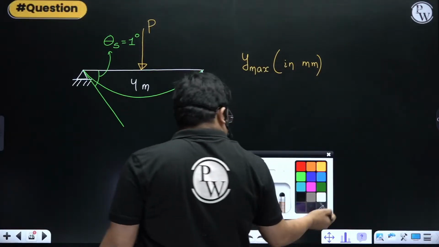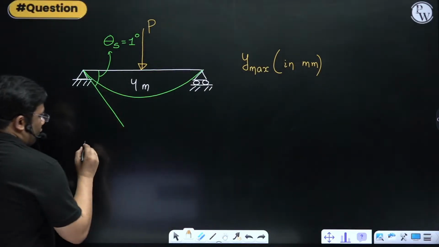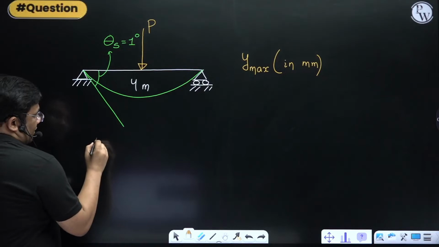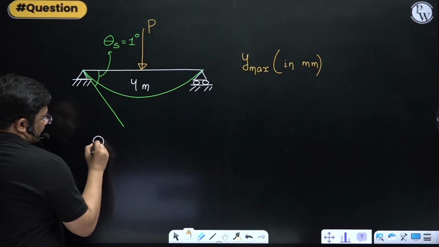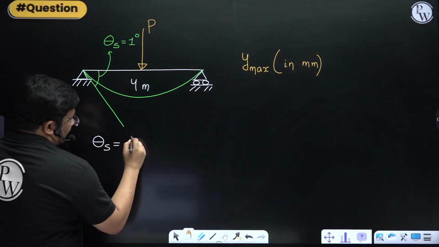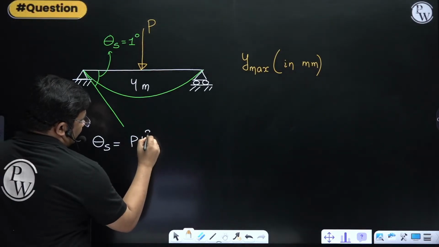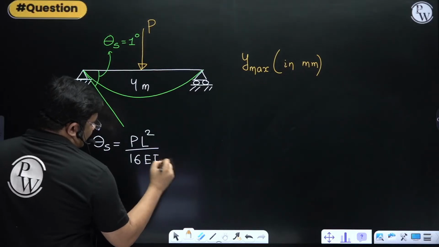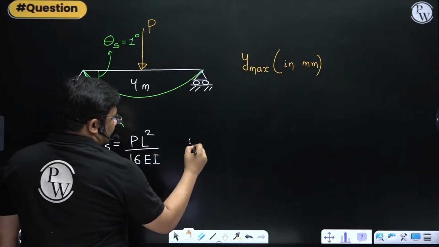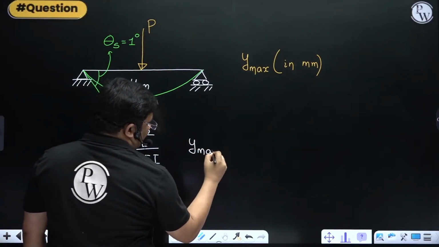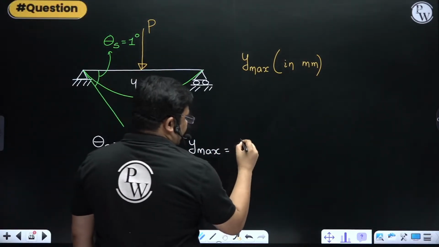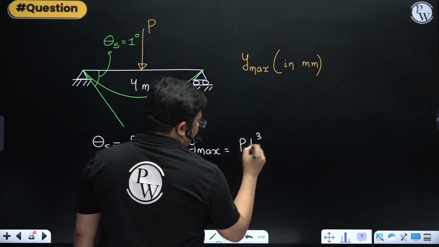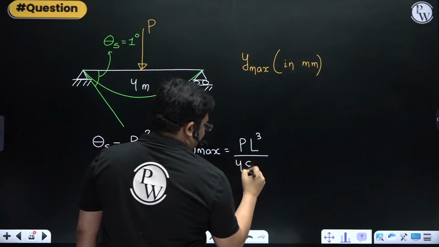You see, what was the slope value? It was PL square by 16 EI, right? And what was the maximum deflection? It was actually equal to PL cube by 48 EI.